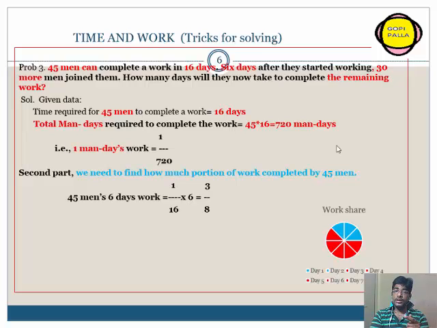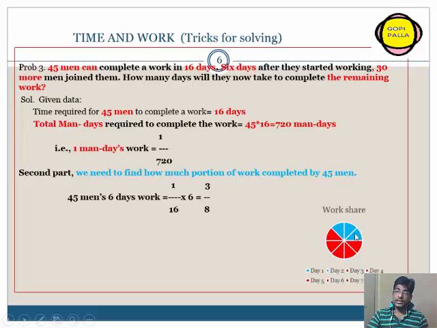We know 45 men require 16 days, so 45 men's 1 day's work is 1 by 16. So 6 days' work is 1 by 16 into 6, which becomes 3 by 8. From this pie chart, we can see that.